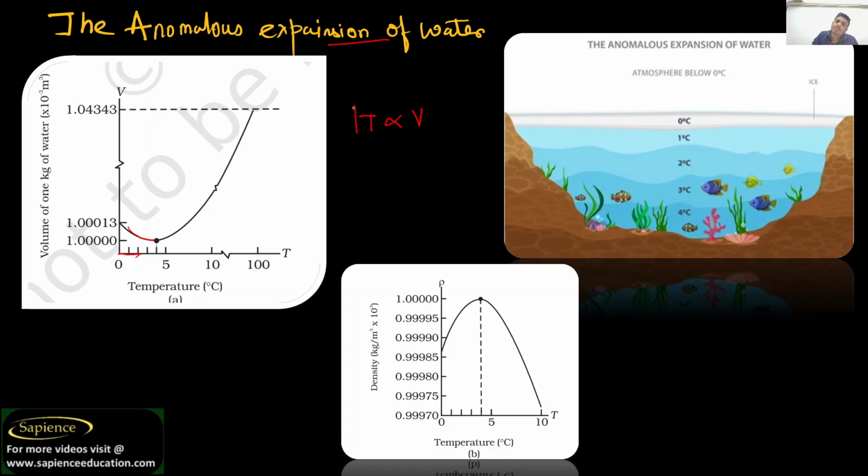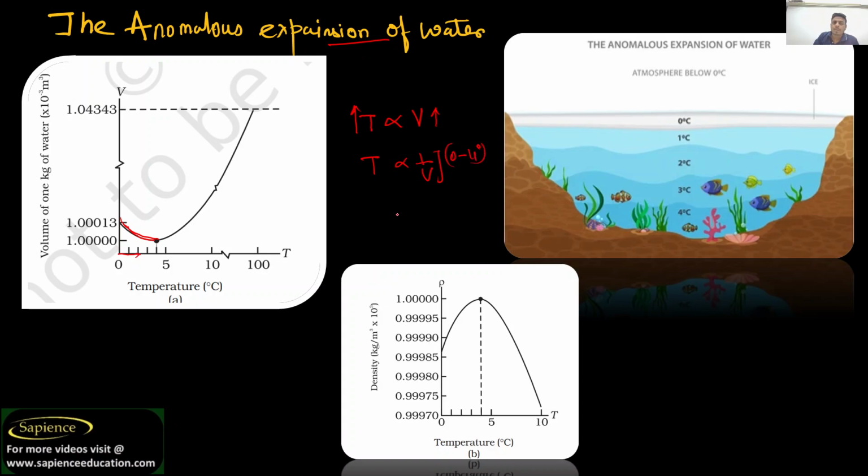So as soon as temperature increases, volume will increase. But in water, what you see is, as soon as temperature is increasing, volume is decreasing. In water, T is inversely proportional to volume from 0 to 4 degrees Celsius.